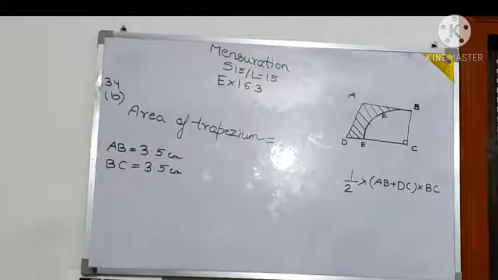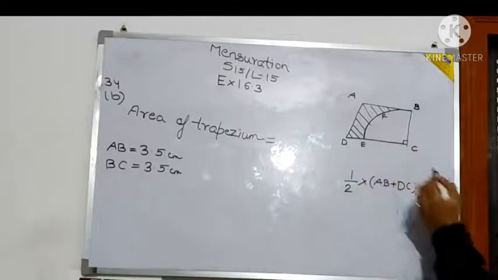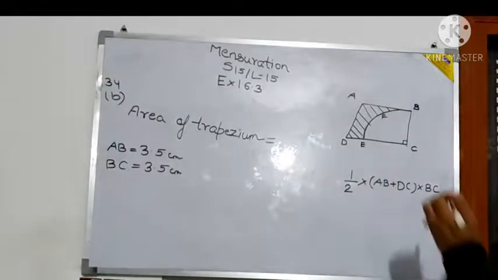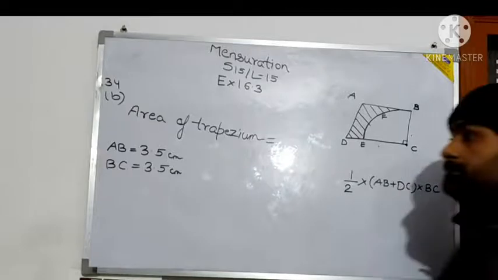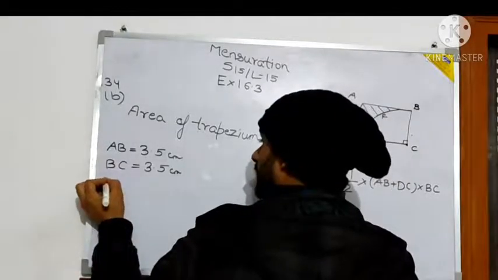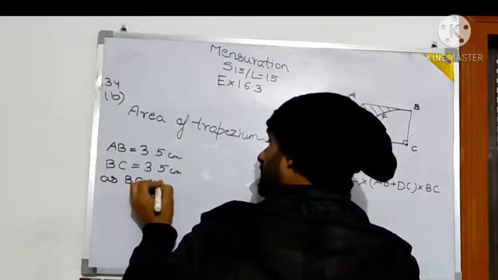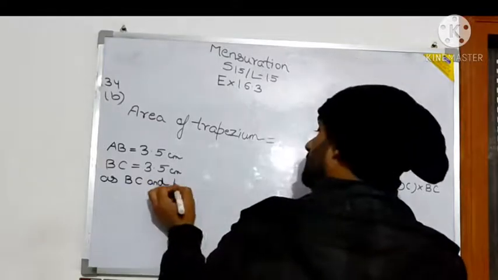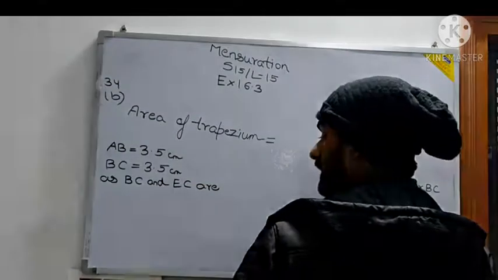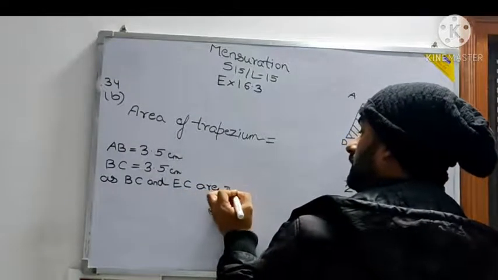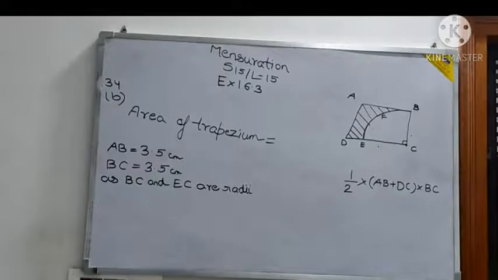Now DE is given. Now see, don't you feel that if BFEC is a circle, then C must be its center, and BC and EC will be equal. So write here: BC and EC are radii.